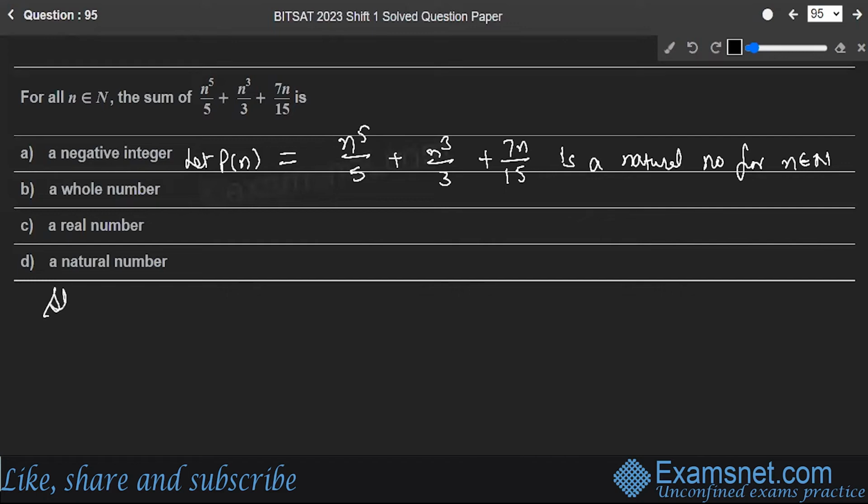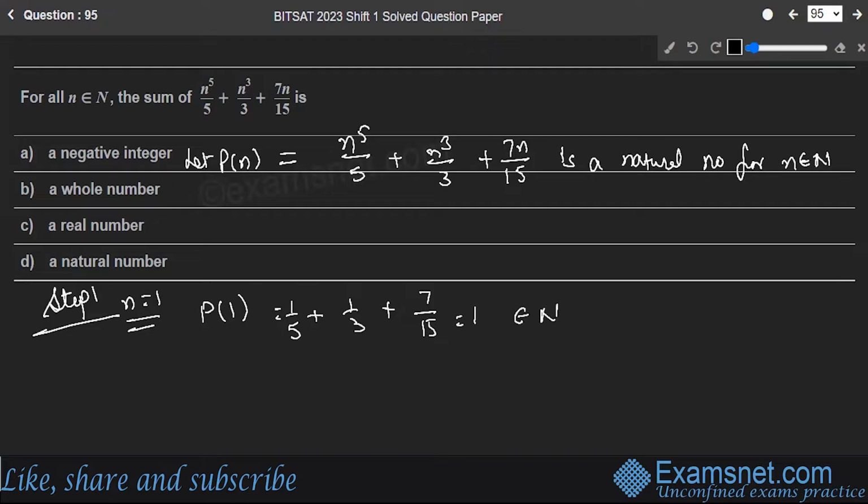So step 1, let's take n equal to 1. P1 will be equal to 1 by 5 plus 1 by 3 plus 7 by 15, which is equal to 1. This is of course a natural number. Hence it is true for n equal to 1.